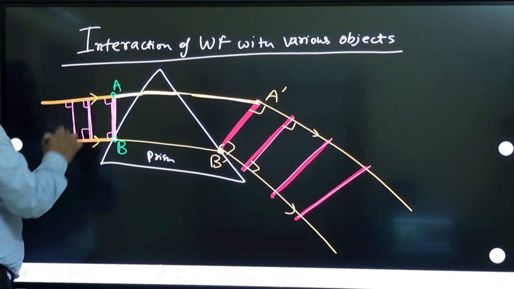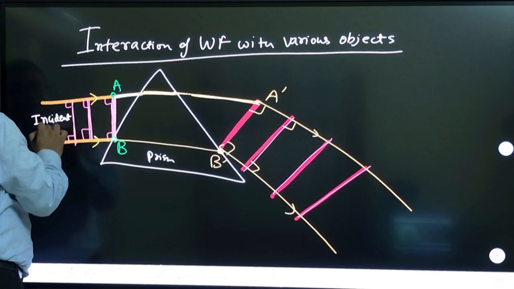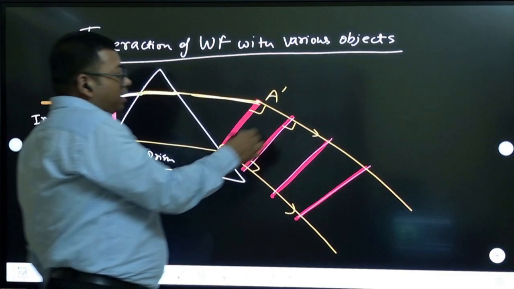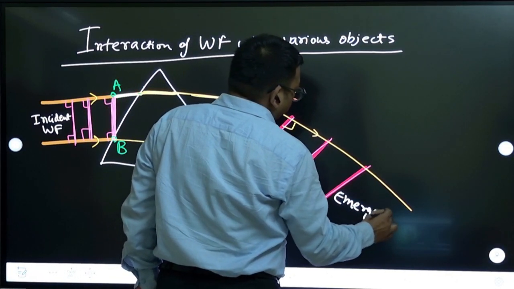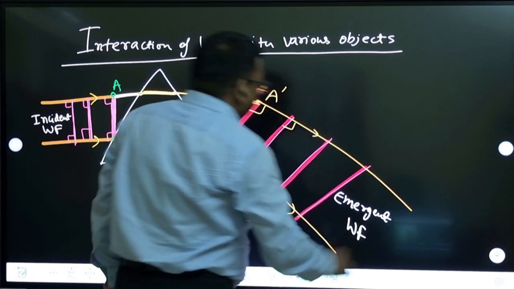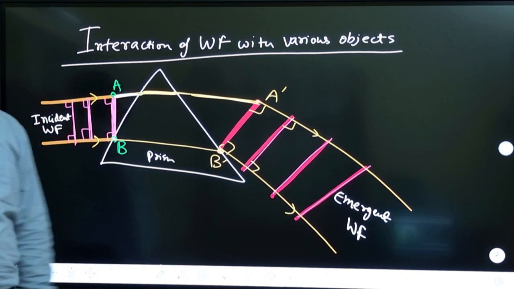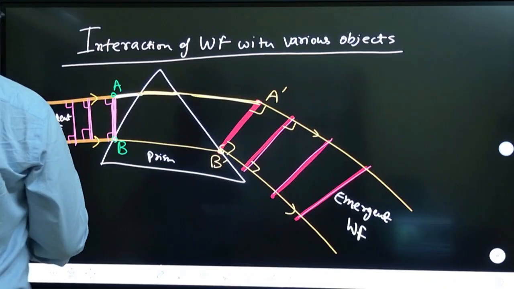But now you call these wavefronts. These perpendicular lines are the incident wavefront, and these are the emergent wavefront. Are you understanding this? So this is how the wavefront will turn. It will turn like this. Clear? That's how the prism will be.